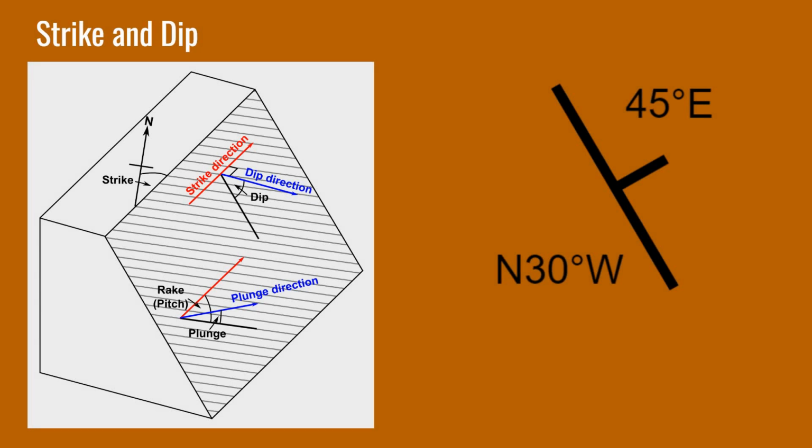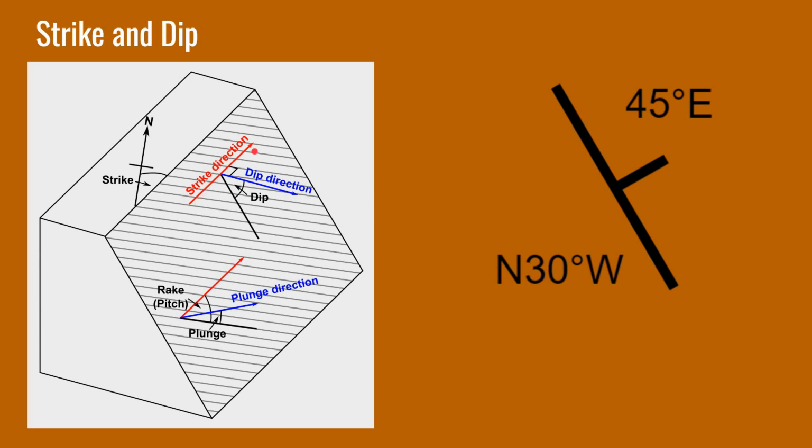For the last part of this recording, we'll talk briefly about strike and dip, which are two numbers you can use to describe folds, faults, and other geologic features. The strike direction is a direction relative to north, that you have sort of a horizontal line along the surface of your rock layer.